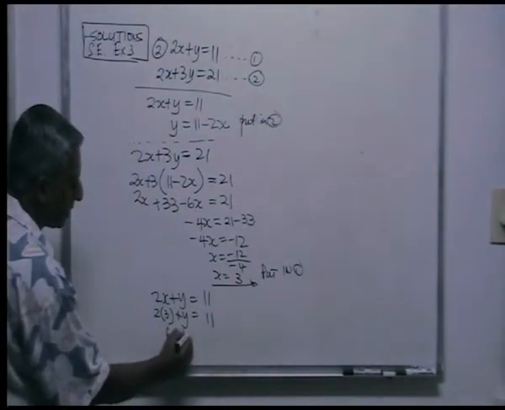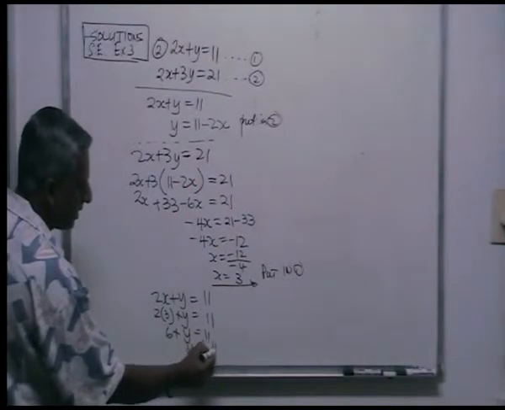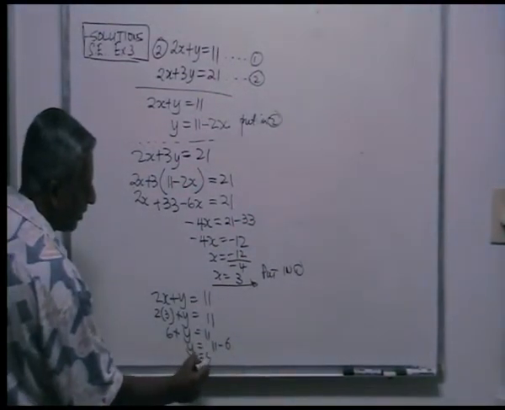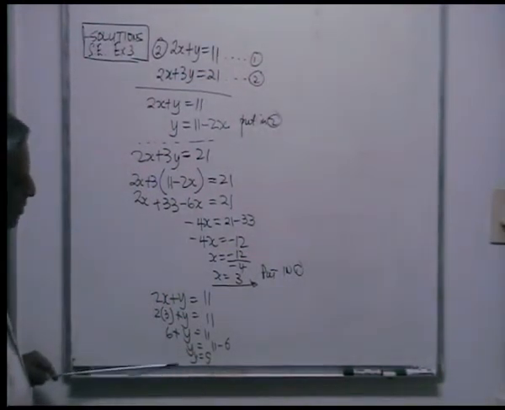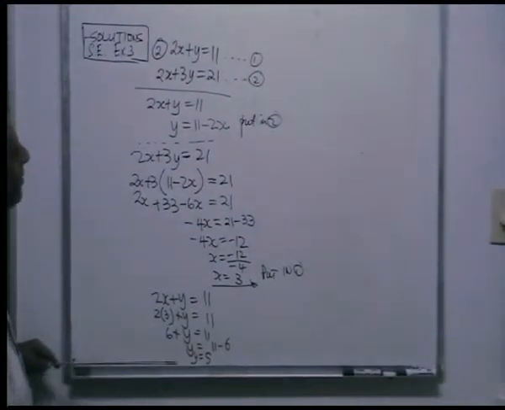So 6 plus y is equal to 11. y is equal to 11 minus 6, y is equal to 5. So the final answer here is y is equal to 5. So x is 3, y is 5.